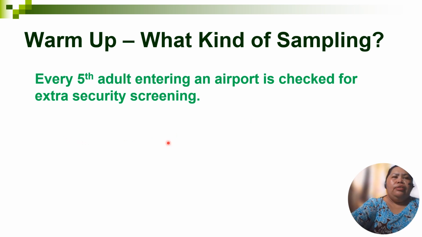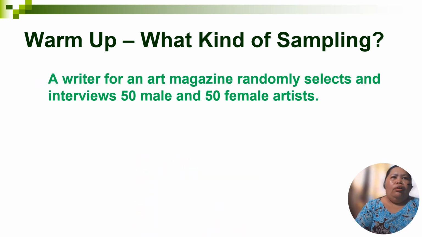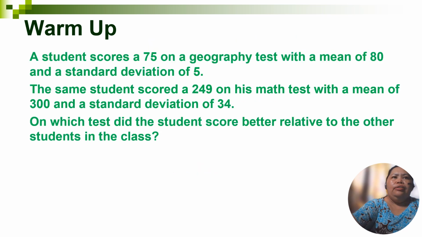Of course, if it talks about every fifth, that means it is systematic. Okay, a writer for an art magazine randomly selects and interviews 50 male and 50 female artists. So this one is stratified.